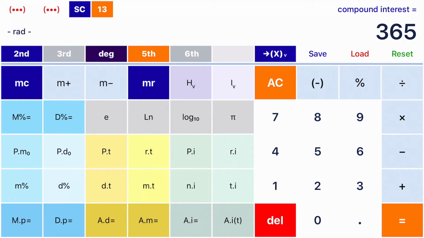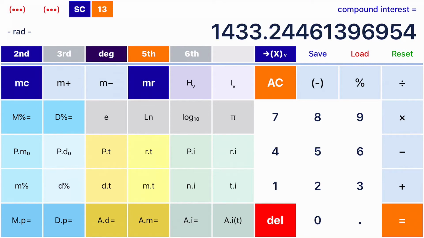So I'm going to store 365 in there instead of the 12, and I'm going to see how much the amount would grow to compounded daily. So it would be $1,433.24. That is if I compounded the amount daily.